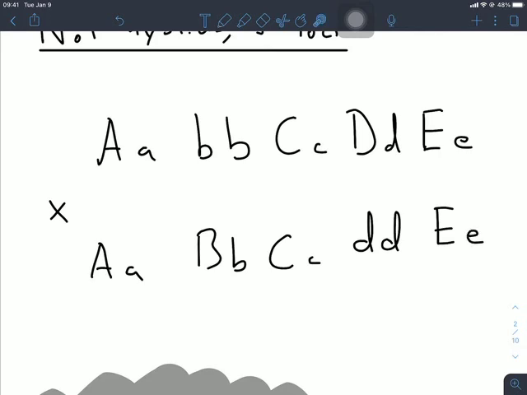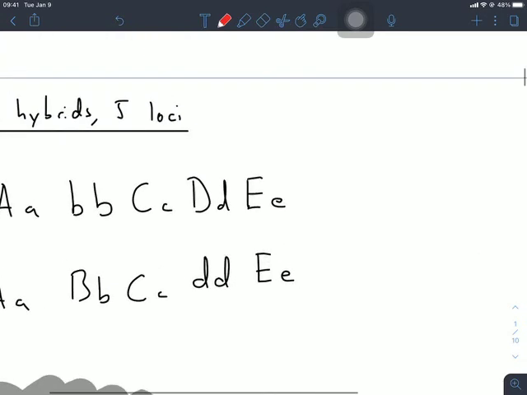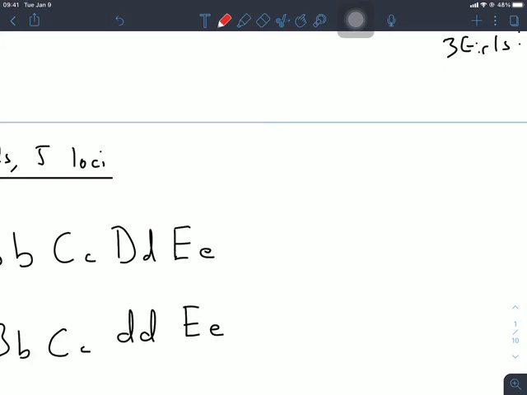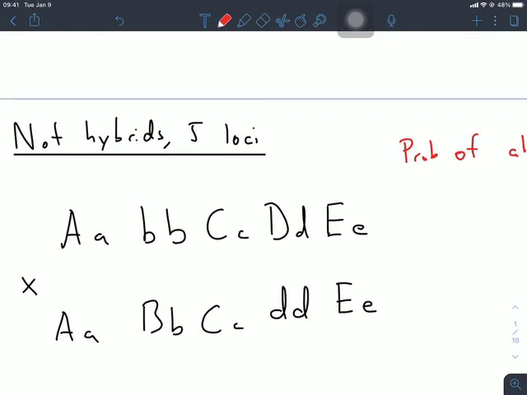So we see that this top individual has 2 lowercase alleles at B, and the bottom individual has 2 lowercase alleles at D. Your task, should you choose to accept it, and hey, you're in this class, so you've accepted it, is to tell me what is the probability of having an individual that is all lowercase at all 5 of these loci.